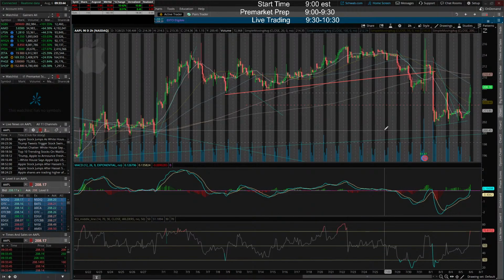Super impressive move. I mean, it looks like a long to me. Of course, with this news, it's tough because it moves up so quick, and then it's sort of a chase.